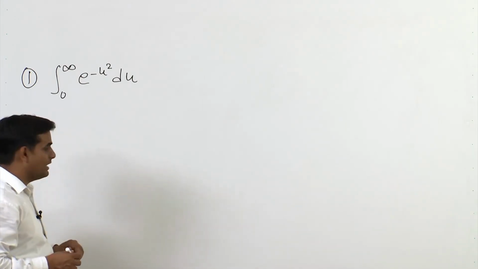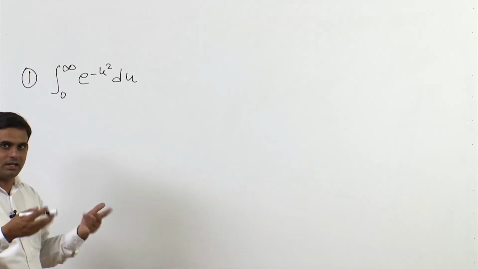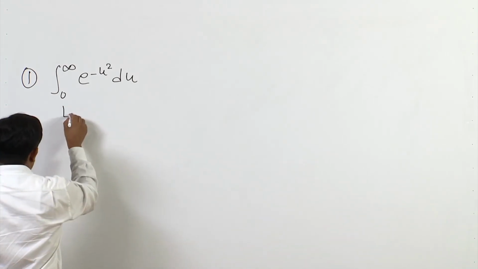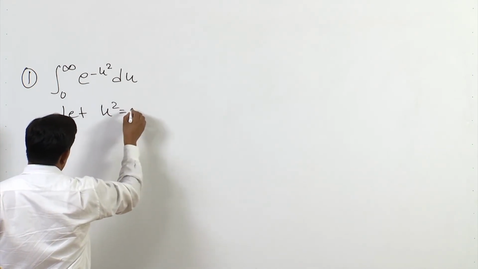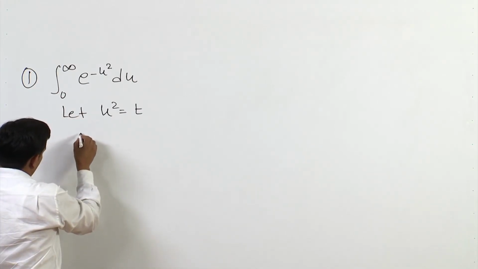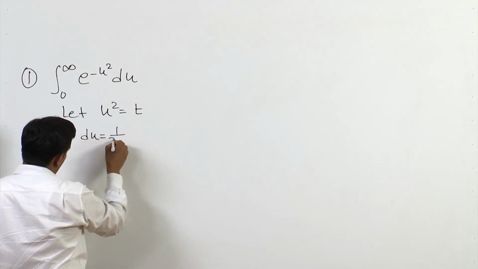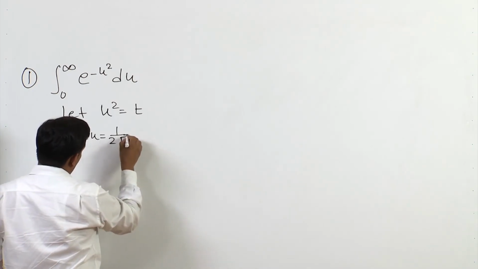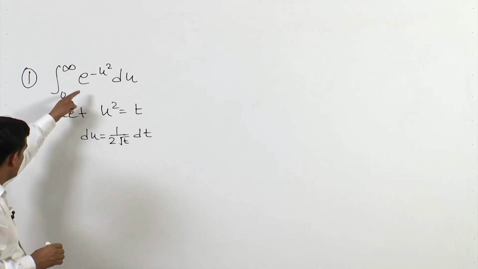However, since we have the knowledge of gamma function, we use the definition of gamma function here. So, let u square equals to t, then I can write du equals to 1 by 2 root t dt.